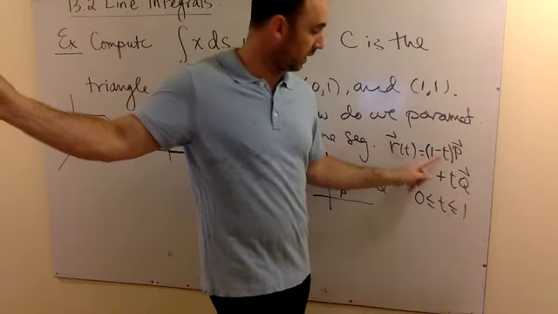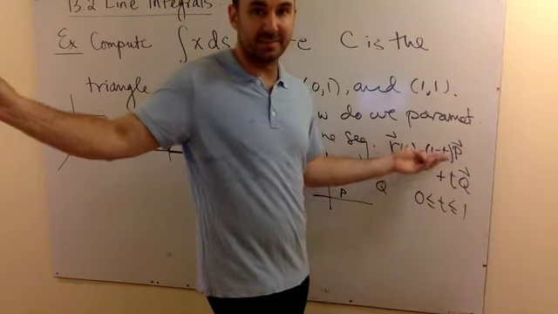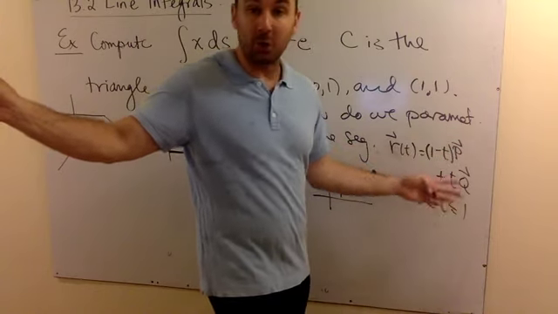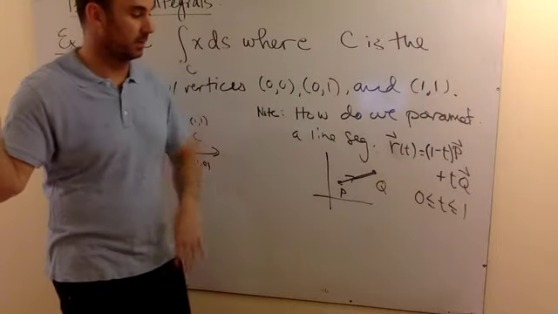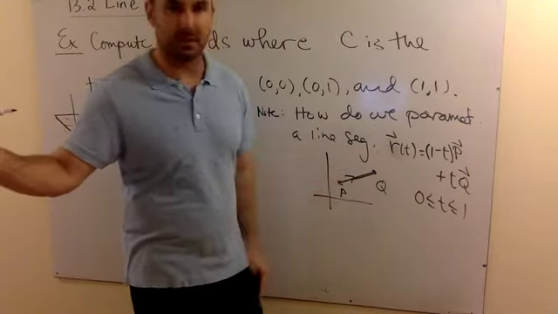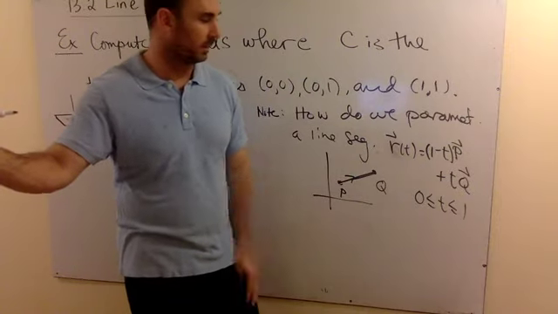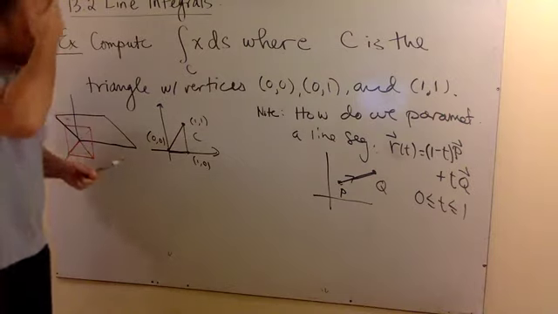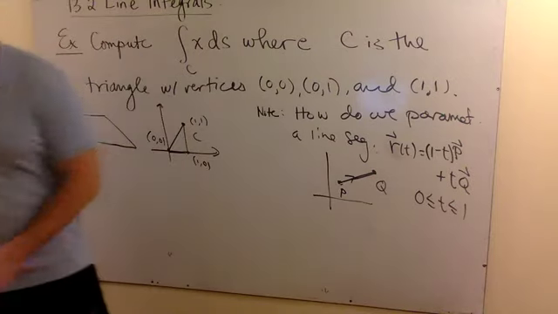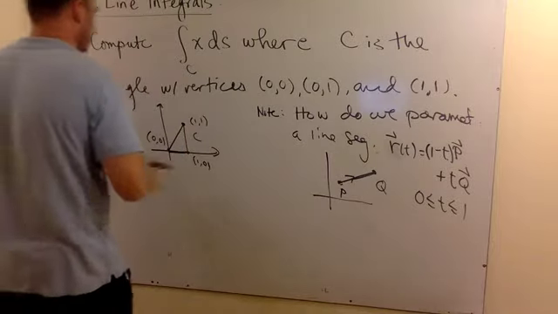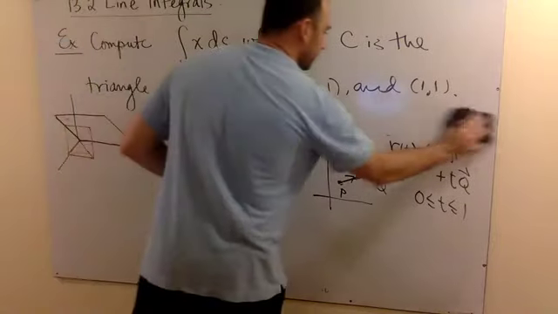When T is 1, the 1 minus T, I view this kind of like a light switch, makes the P disappear, and I get out Q. It lights up at Q, and in between, for T between 0 and 1, it moves in a linear fashion from one point to the next. So this is an important thing that we're going to do later. Let's do this now. Back to the problem. Let me erase this for a second.